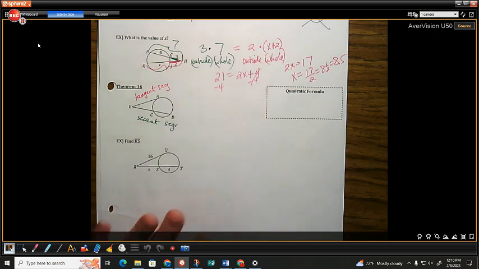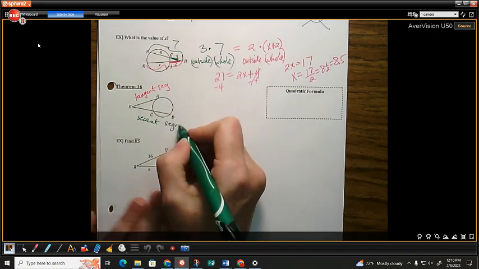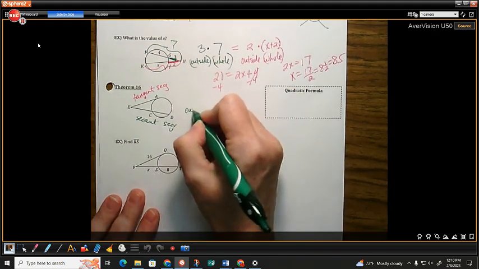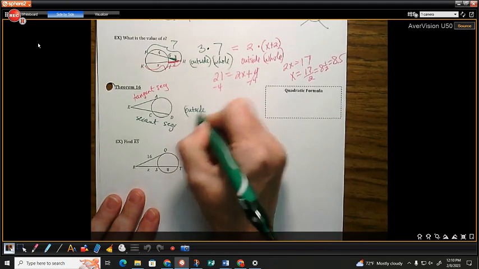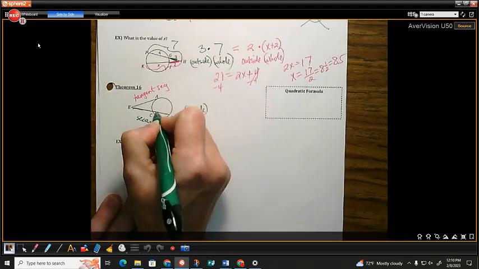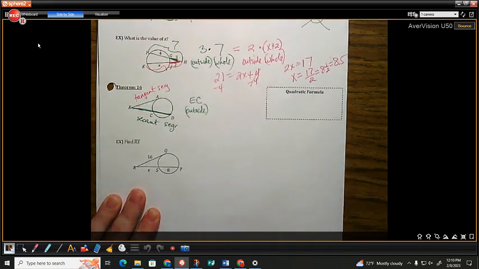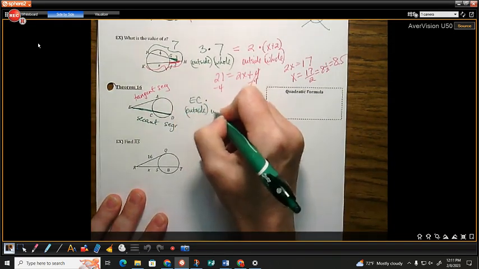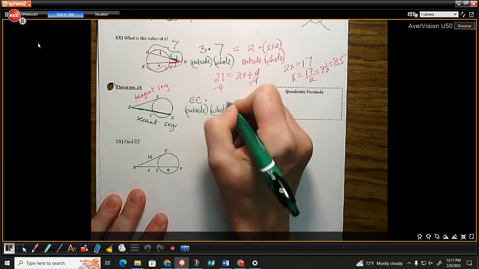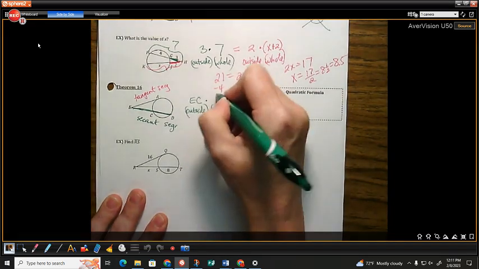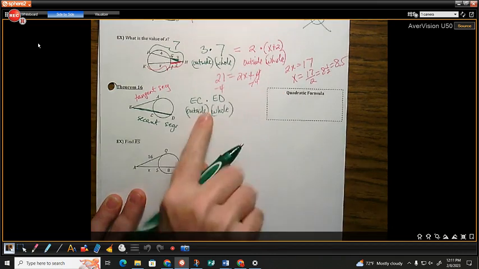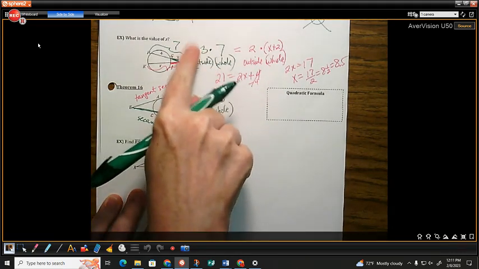So play along with me here. What would be the outside part of this green guy? EC. What would be the whole secant segment? ED. That's the same thing we did with the secant up here, isn't it?